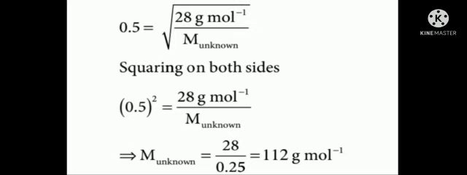Rearranging, we get M unknown is equal to 28 divided by 0.25. After simplification, we get 112 gram mole power minus 1. Hence, the molar mass of the unknown gas is 112 gram mole power minus 1. Hence, we completed the problem based on Graham's law of diffusion.